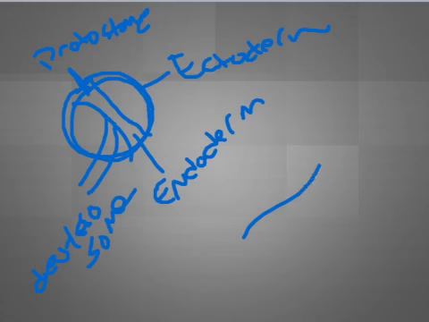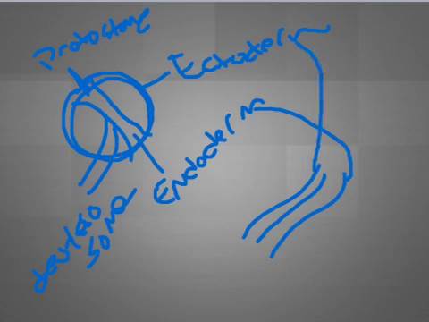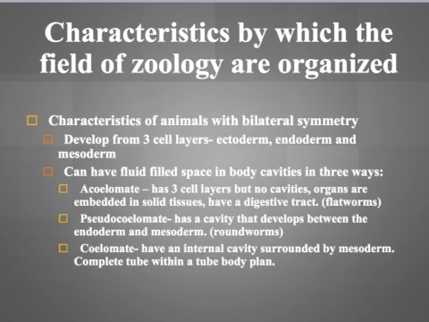So as you look at a germ layer, you have three main layers. You have your endoderm, which is going to be on the inside, your ectoderm, which is on the outside, and then you also have a mesoderm. Okay? Different cavities within the body. So as we look at those cavities, we basically have three different types. And this mainly becomes in organisms with bilateral symmetry.